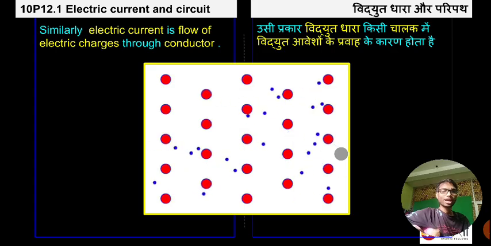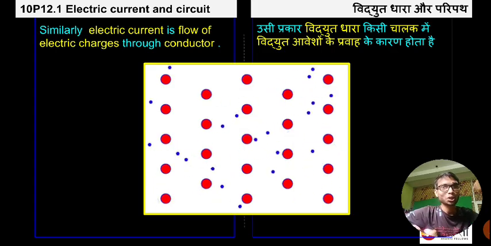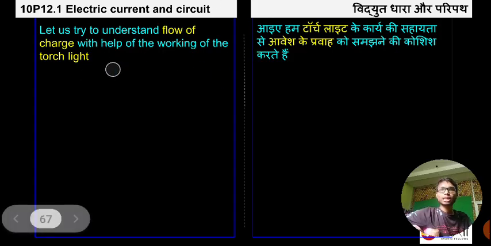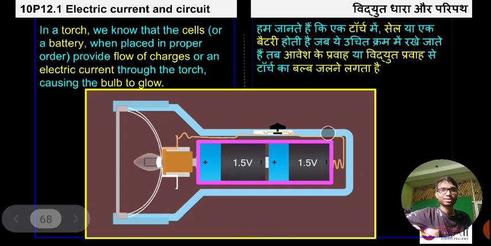What if we have a more number of electrons? Then what will happen? Let's also try to understand flow of charge with the help of the working of a torch light. In a torch, we know that these cells or a battery, when placed in a proper order, provide a flow of charges or an electric current through the torch, causing the bulb to glow.